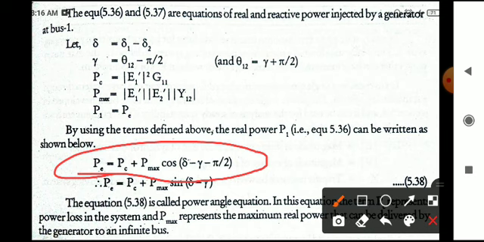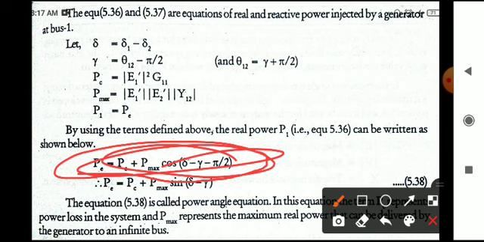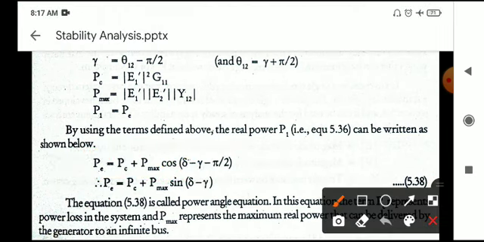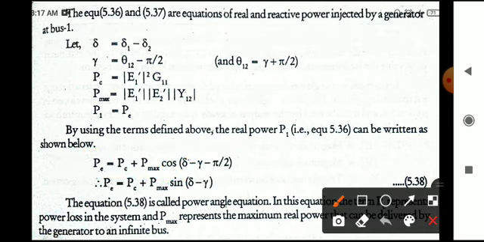The cos of minus pi by 2 shift can be converted into a sine. So we get the actual power angle equation: Pe is equal to Pc plus P max into sin of delta minus gamma.